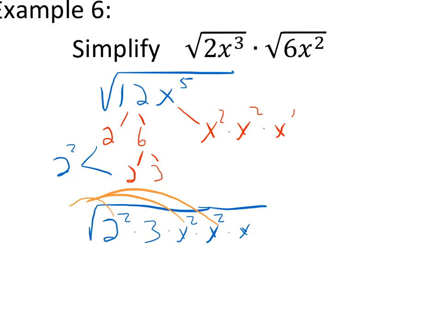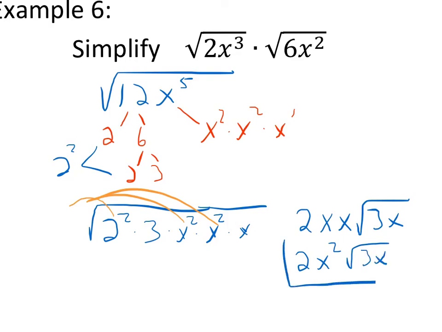So we're going to be left with 2 on the outside, and x, another x, and on the inside we have a 3 and an x left. So 2x squared root 3x. This ends part 2 of lesson 10.1.